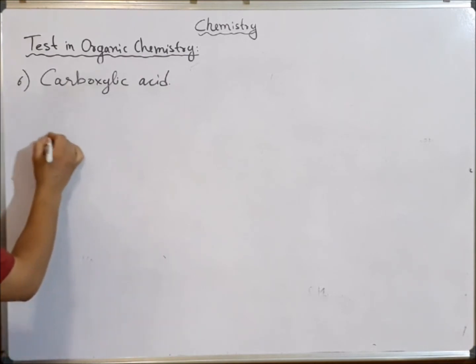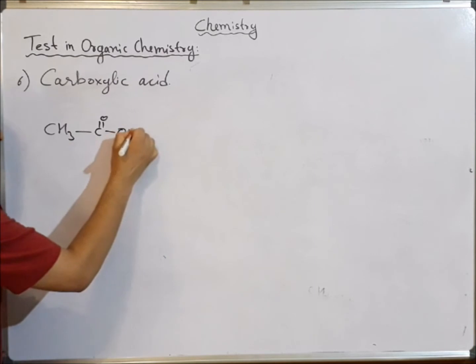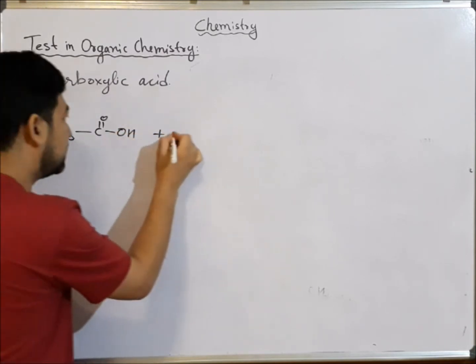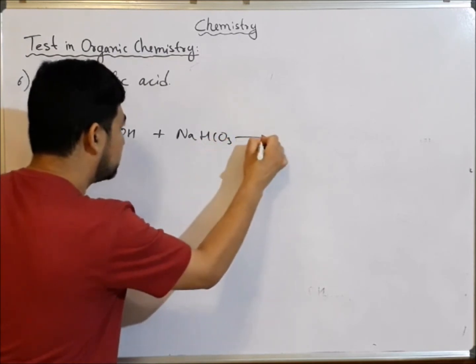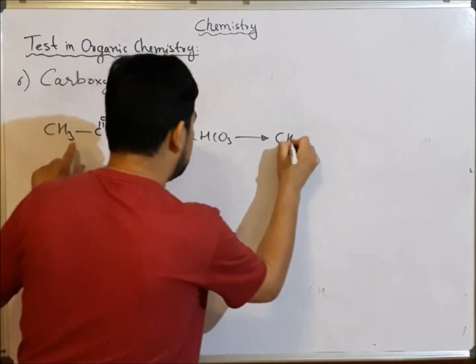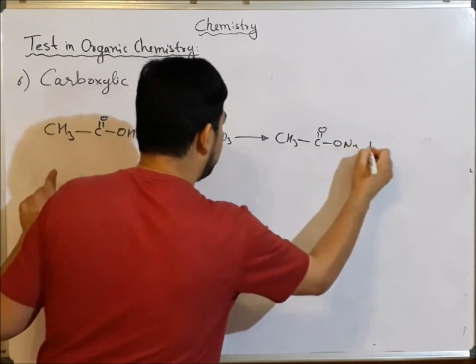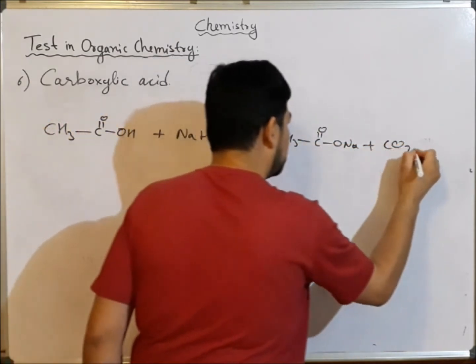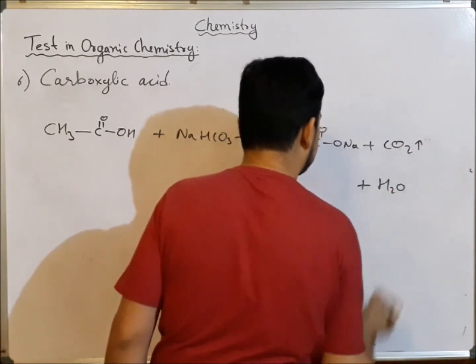For example, if we have a carboxylic acid group like this and it reacts with sodium bicarbonate, it forms CH3 C double bond O O Na plus CO2, which is a gas, plus water.